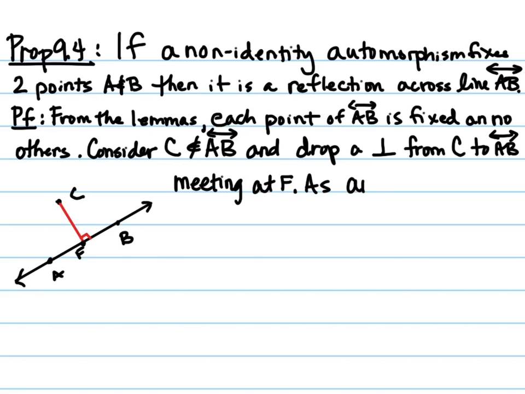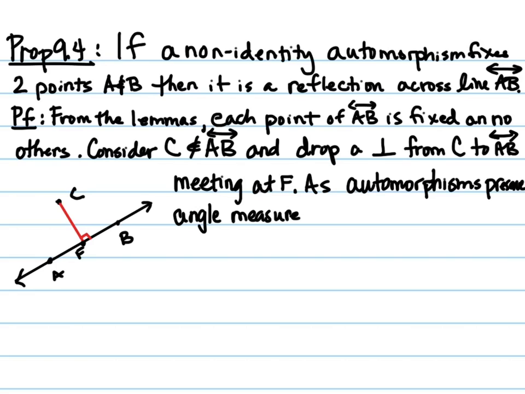As automorphisms preserve angle measure, we talked about that last time, the 90 degrees, which is the measure of angle AFC, has to equal the measure of angle AFC prime.